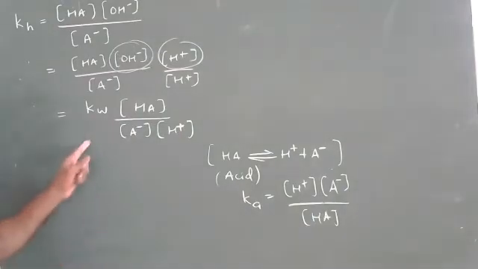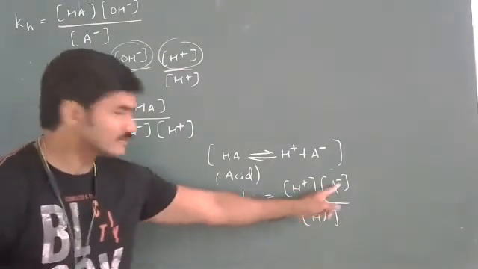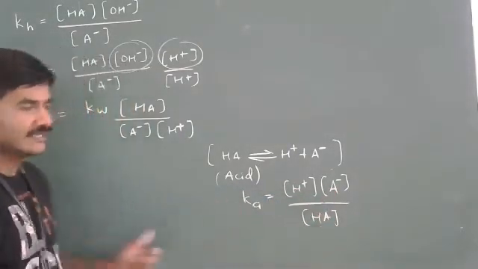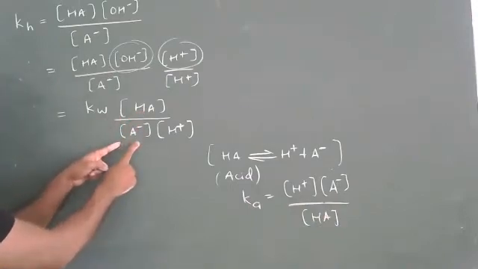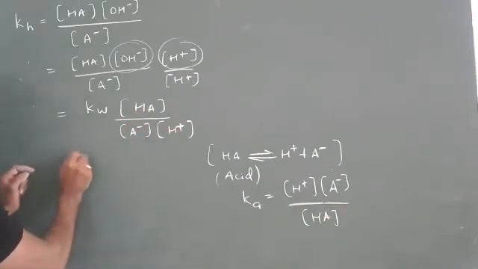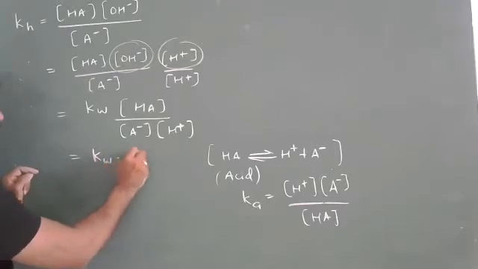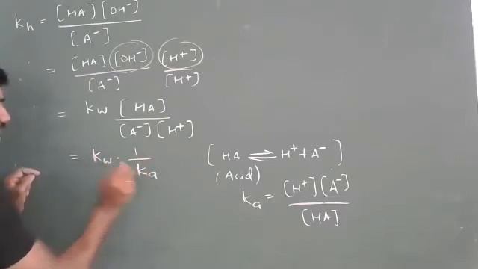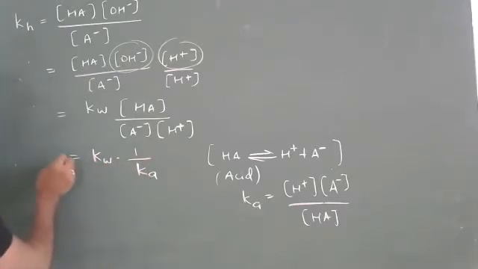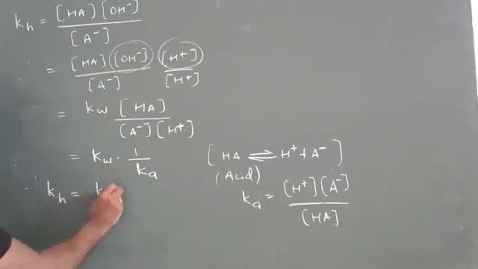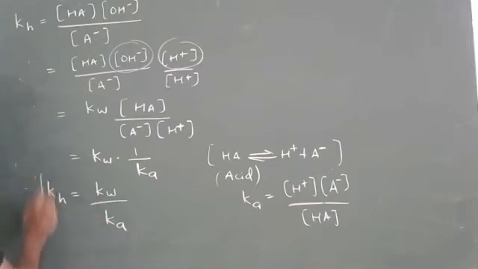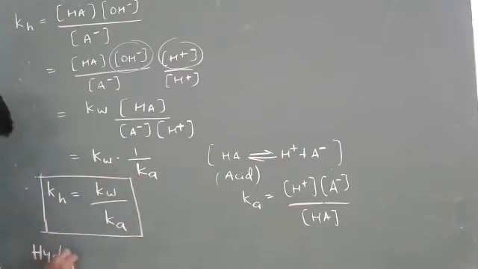Now here, H plus into A minus by HA is equal to Ka. Here, HA divided by A minus and H plus, what should I write? I write KW into 1 by Ka. So therefore KH is equal to KW by Ka. So this is a simple formula for hydrolysis constant KH.